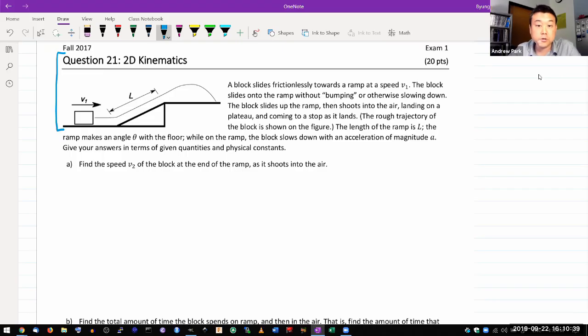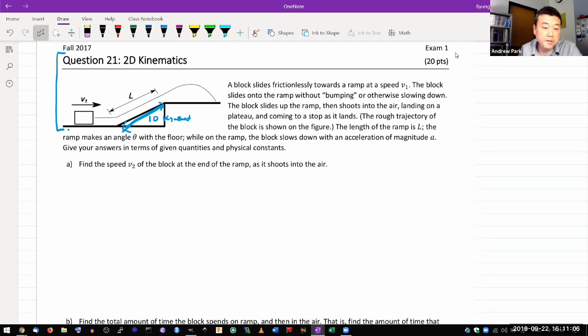This is a good opportunity to at least illustrate how you approach kinematics problem solving. This particular question has 2 parts built into it, and the question does kind of break it up into parts. So when you look at it, it has a part where it's sliding up. That's one part where you can treat it as 1D kinematics.